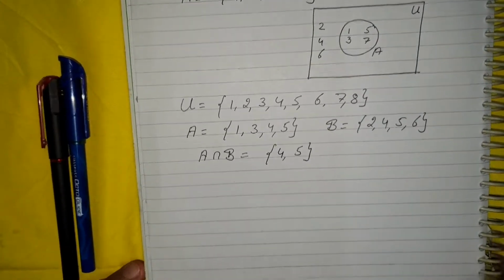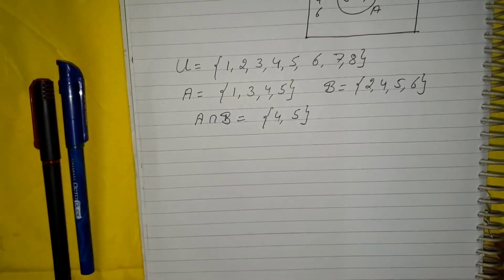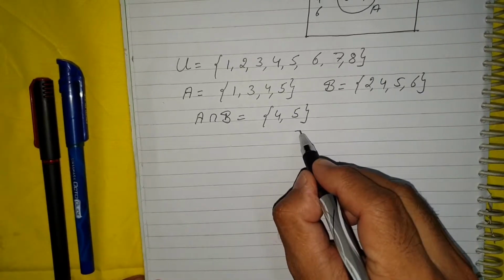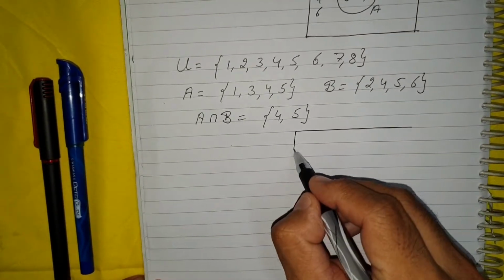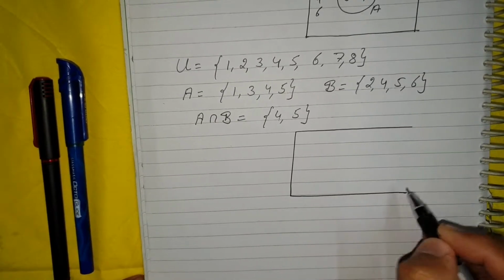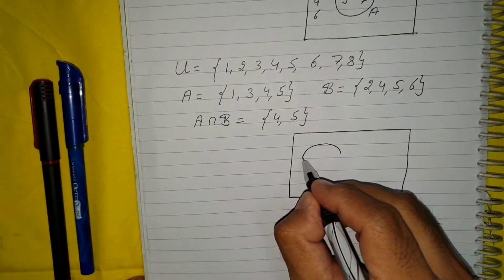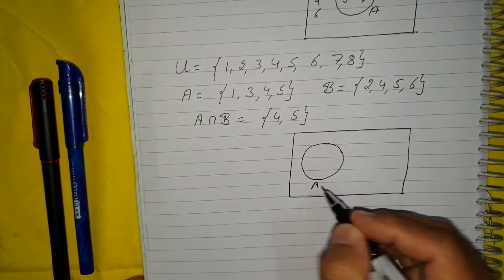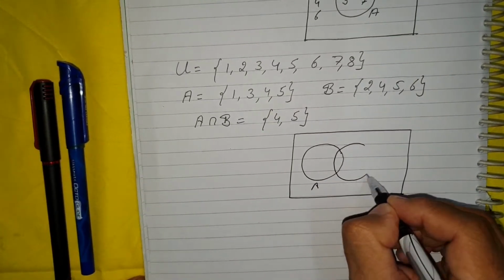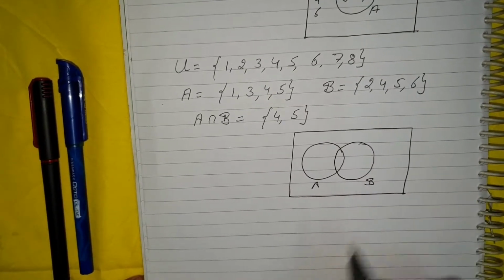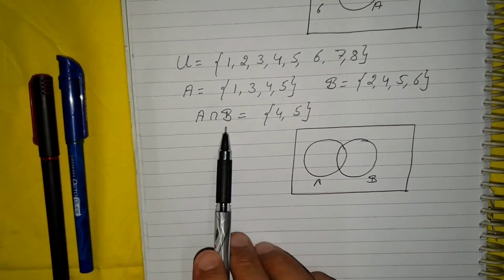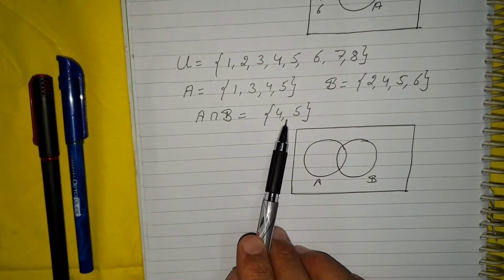Now, we'll draw the Venn diagram for this. Now this represents the universal set. This is set A and this one is set B. Now see, first of all, what's the intersection? 4, 5.